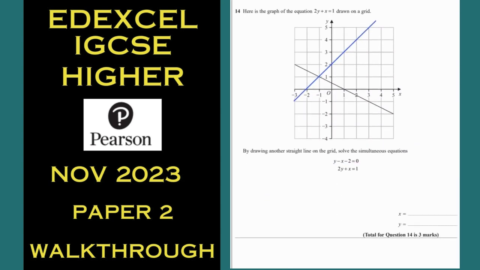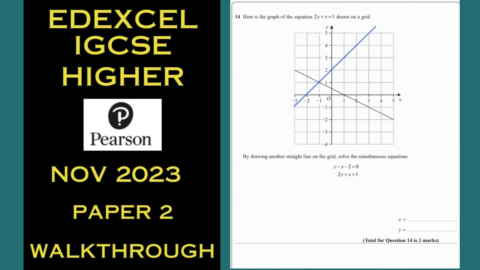Number 14. So they'd helpfully already drawn the bottom equation for us. We needed to draw the top equation. I don't like how it looks though. I always think it's easier if it's mx plus c. So that tells us that the gradient is 1 and the intercept is 2.